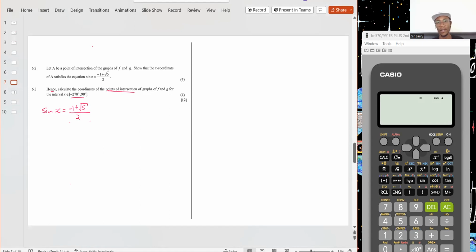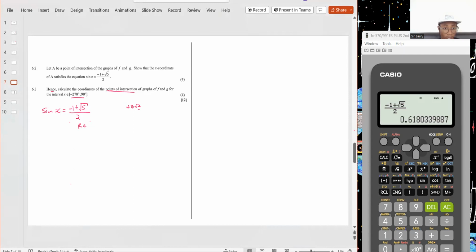So I'm going to use the rules of general solutions. The first step would be to look at this value, (-1 + √5)/2. This is equal to a positive 0.62, so I know where to look now.